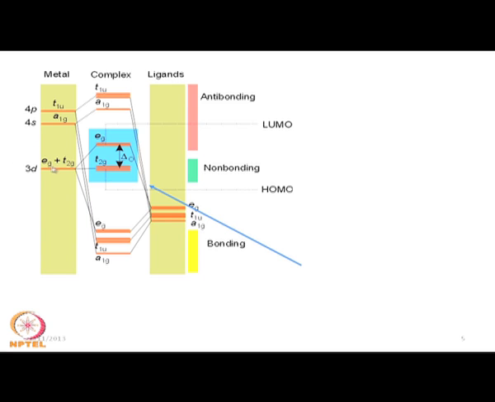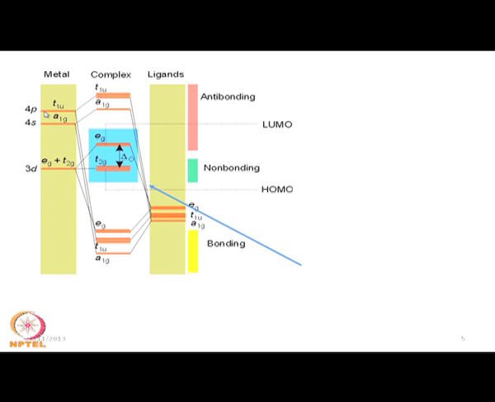So, in essence, these are the 4s and 4p orbitals, where the symmetry levels are A1g and T1u, and we have the corresponding symmetry levels from the ligand side also. This is the typical interaction where the ligand orbitals are of lower energy, because the metal 4s and 4p are above the corresponding energy of the 3d level.